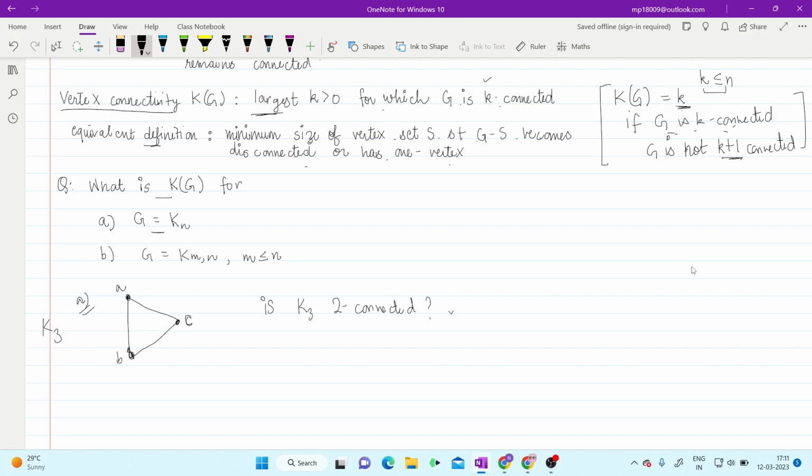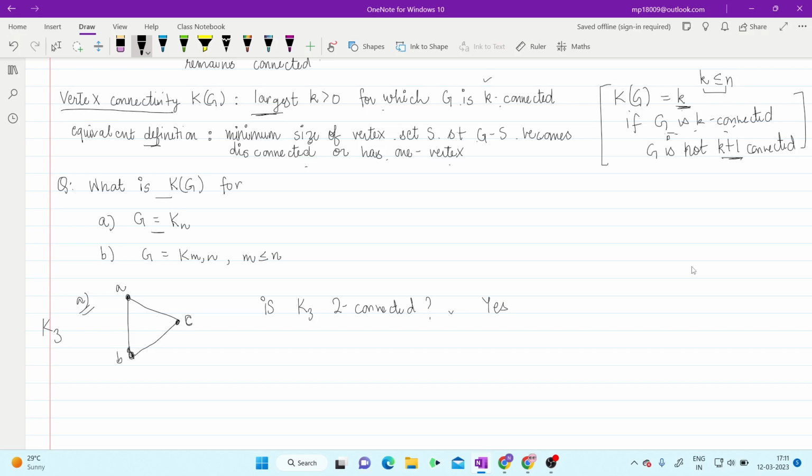The definition is that it is the minimum size of a vertex set such that G minus S becomes disconnected or has one vertex. So we see that K3 is 2 connected.